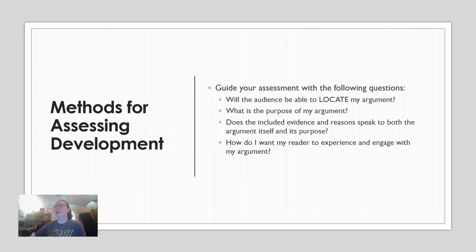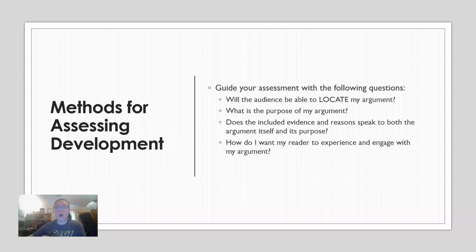You are the one who knows how to understand and navigate this material. So you want to put yourself in the shoes of your audience and say, okay, if someone perhaps isn't as knowledgeable as I am, or they are, experiencing this point of view that I'm presenting for the first time, will they be able to clearly identify that as I have it written?